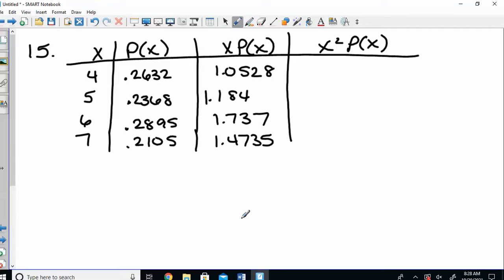On the test, will the question be worded like this one where x times p of x is in the problem? Yeah, I'll probably say to include that in your table. Okay, last column, x squared p of x.